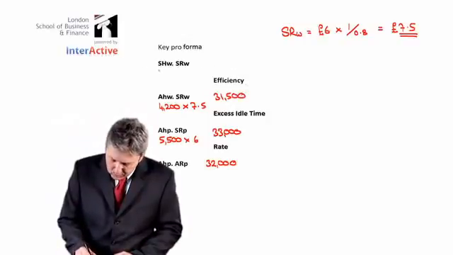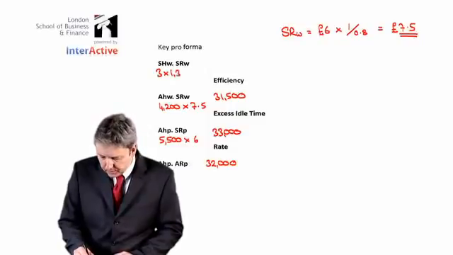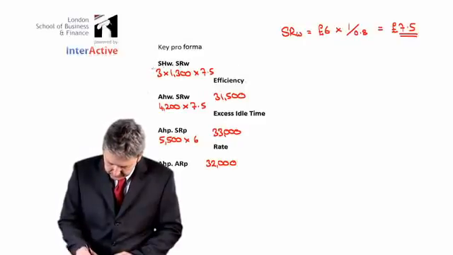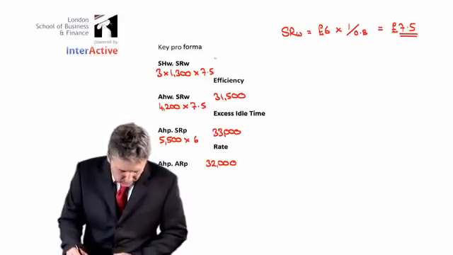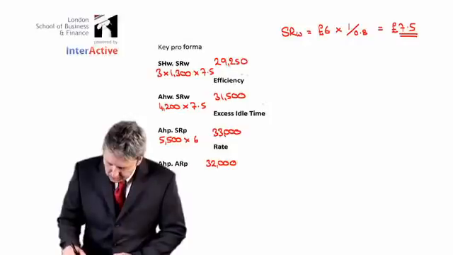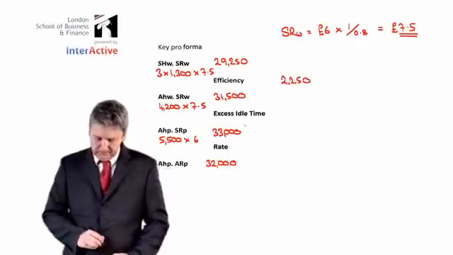And standard hours worked, 3 hours per unit for 1,300 units, multiplied by 7.5. And it comes to 29,250. So, top minus bottom, we end up with an efficiency variance of 2,250.